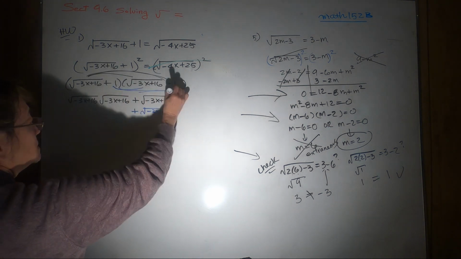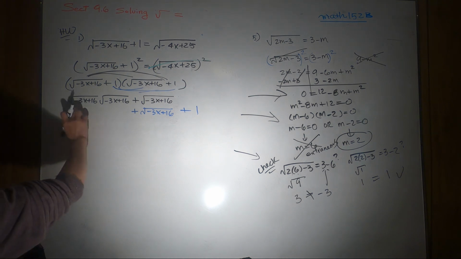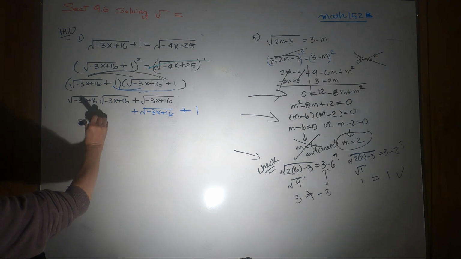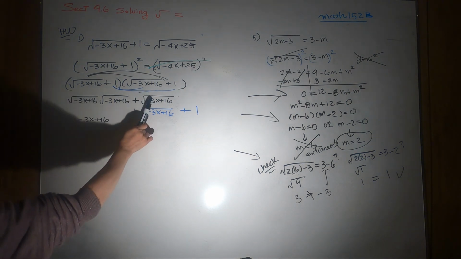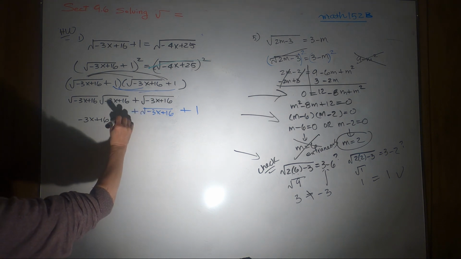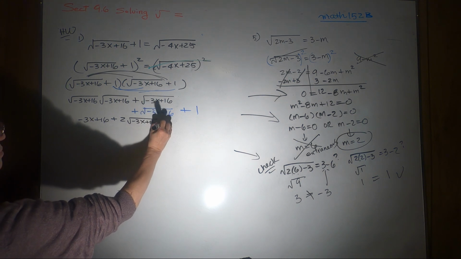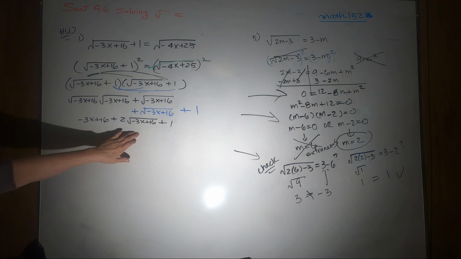Then the last one, plus 1. So when you multiply them, the first one, your radical will be gone because you have two identical things, plus 16, right? Then this one, the radical will not go away. You have two of them. That will be the case, right? Plus 1. So for the left-hand side, you multiply them out and it is this.